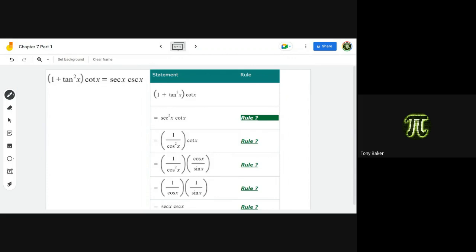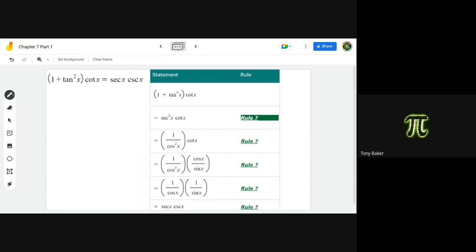So they take the 1 plus tangent squared x and change it to secant squared x. Remember your Pythagorean identities, they gave you those 3, but it's also the manipulation of those 3. So you also can move things around to get it to equal something else.